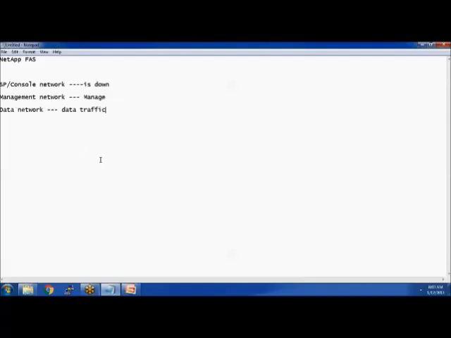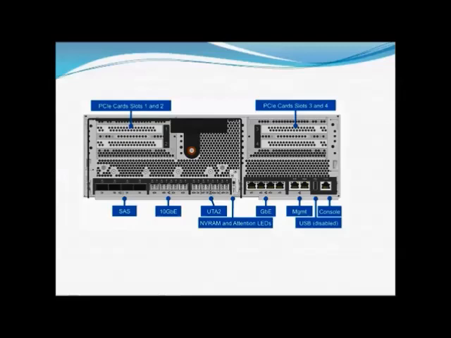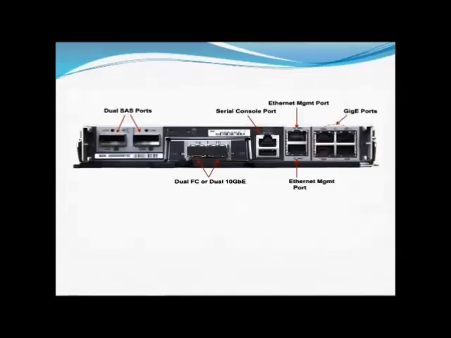So when you're talking about these three networks, let us understand how these networks are connected from behind. Let us see how things are connected here. I was talking about this. Now you understand SAS ports are for connecting to your disk shelves.